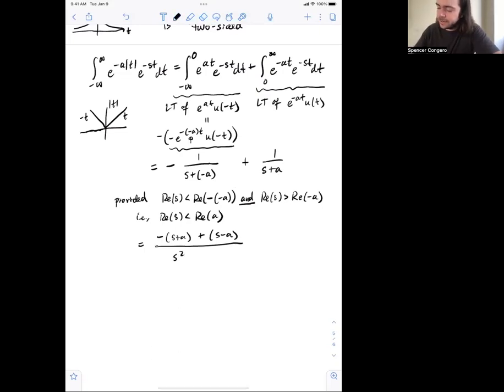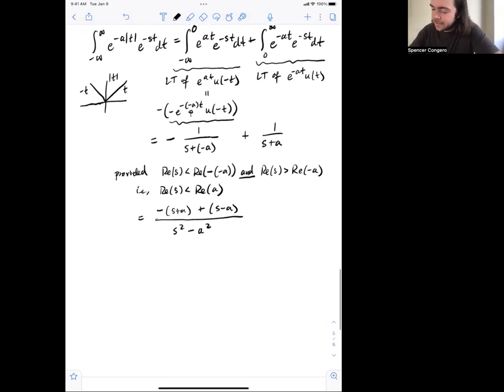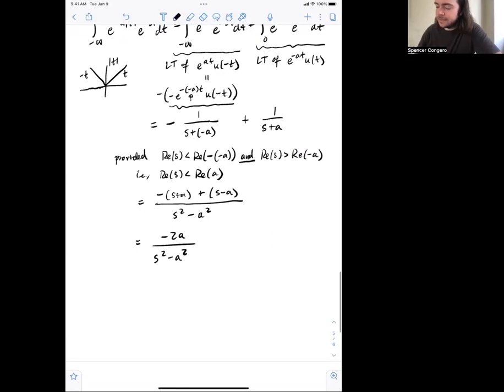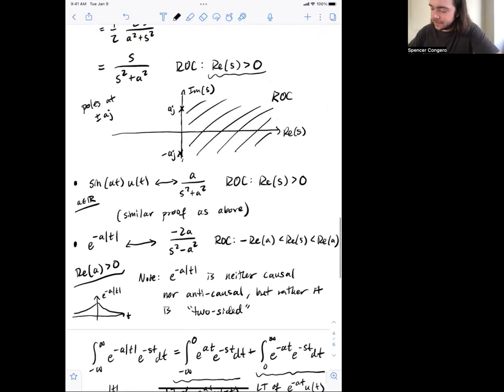And so we get s squared, the cross terms cancel, and then minus a squared. Finally, simplifying the numerator, the negative s plus s cancels, so I get negative 2a over s squared minus a squared. And that is exactly what we said before.